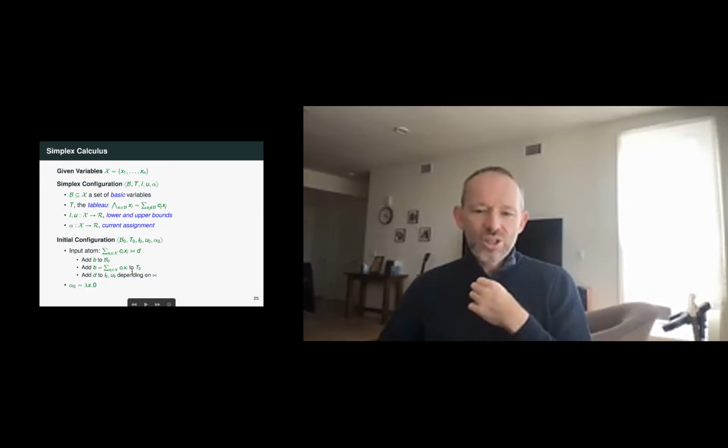We'll add the equation to the tableau, and then we add this constant, d, to either the lower or upper bound, depending on whether this is less than or equal or greater than or equal. And then finally, our initial assignment will just be to assign all the variables to be 0. Basically, you can take each of these constraints in your input and translate it into an equation in the tableau, plus a constraint on the variable, and then we're ready to go.